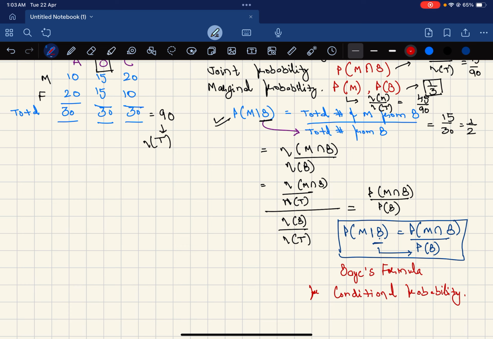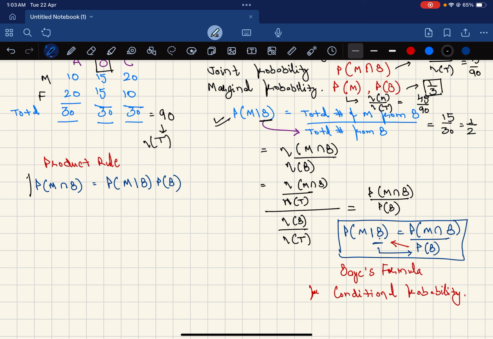Now another thing to note from this is, let us revise the product rule. If we just cross multiply this here, we get P(M intersection B) is nothing but P(M given B) multiplied by P(B).